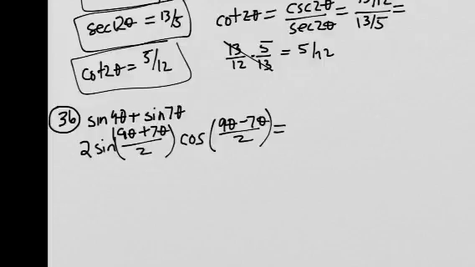Then we simplify here, so this gives me 2 sine of, 9 and 7 is 16, divided by 2, that's 8. And for the second one, it would be cosine of 9 minus 7 is 2, 2 theta divided by 2 is 1. So here's the final answer.